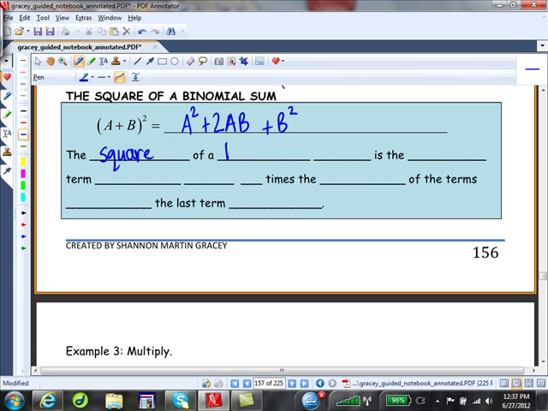So the square of a binomial sum is the first term squared plus 2 times the product of the terms plus the last term squared.